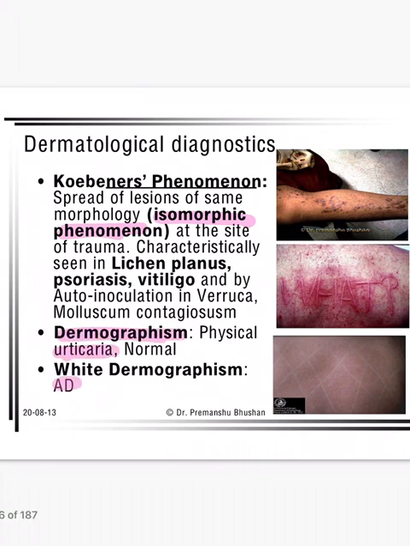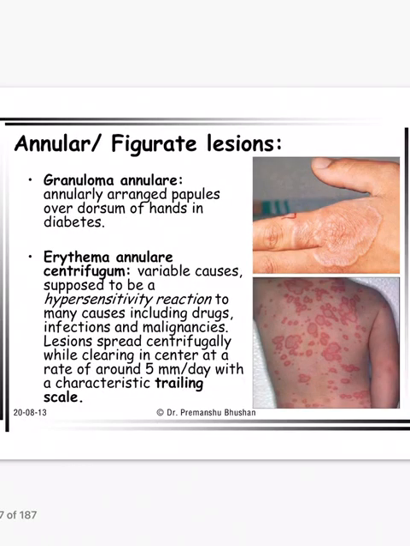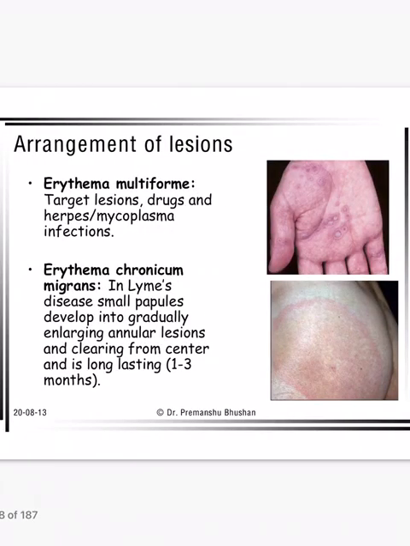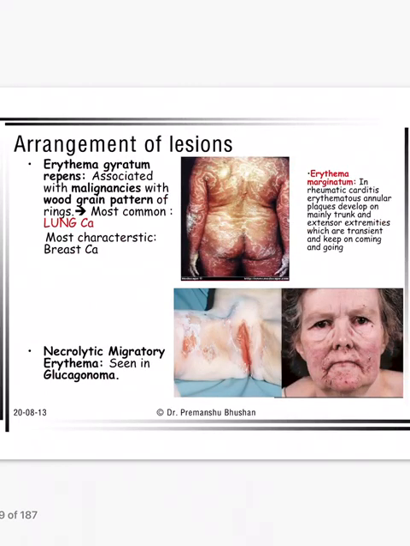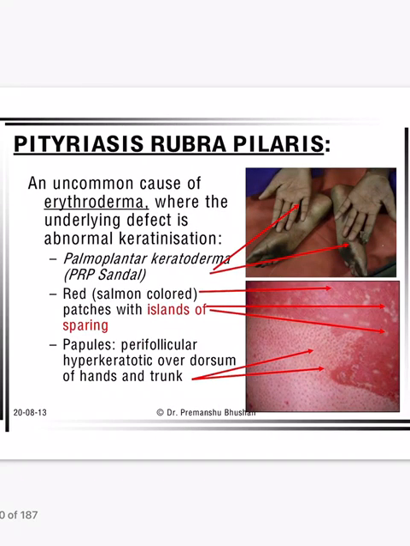Now coming on to dermographism, that is seen in urticaria. Now coming on to the other important thing: erythema multiforme shows the presence of target lesions, and erythema chronicum migrans is seen in Lyme disease. Pityriasis rubra pilaris is a type of erythroderma and it shows islands of sparing.